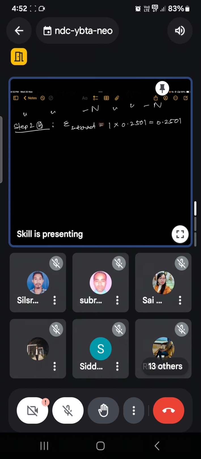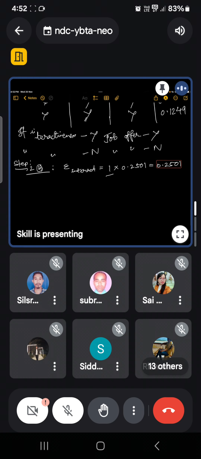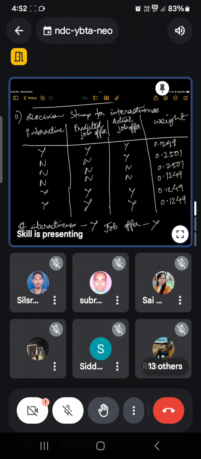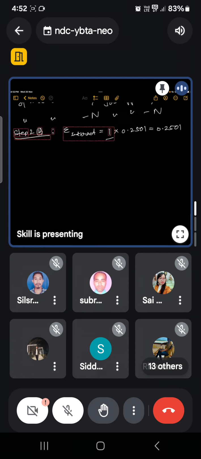We are getting the weighted error as 0.2501. Only one is misclassified: the actual was no, and predicted yes. So we are writing 1 into 0.2501.